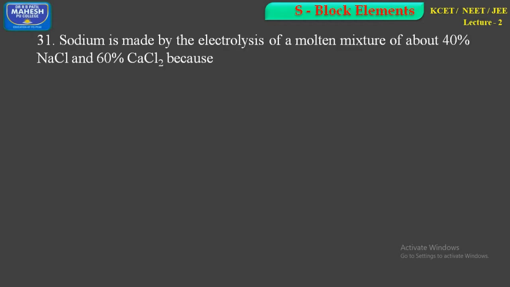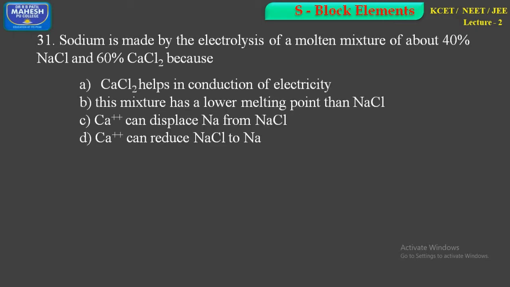Let's begin with 31st question. Sodium is made by the electrolysis of a molten mixture of about 40% sodium chloride and 60% calcium chloride because, options. Option A, calcium chloride helps in conduction of electric current.